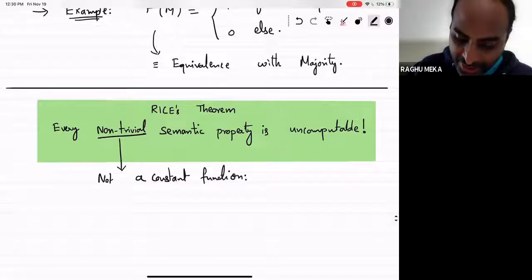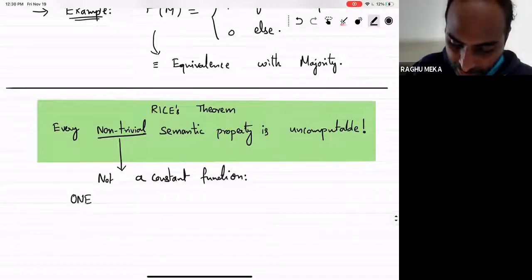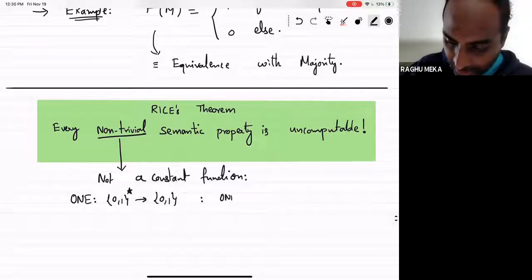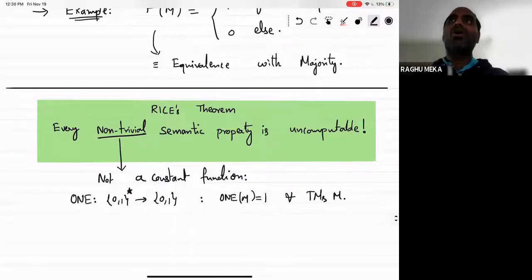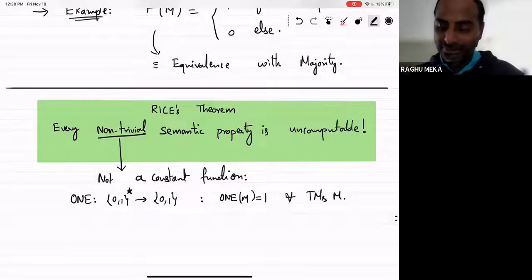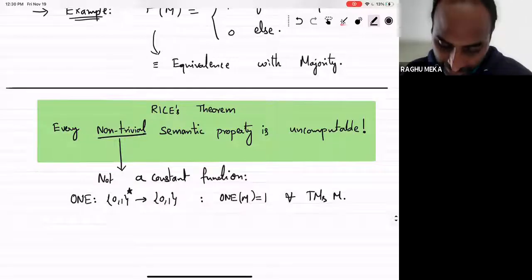Okay, so for instance, let's say I look at the function 1 from {0,1}* to {0,1}, defined as 1 of M equals 1 for all Turing machines M. This is semantic, kind of tautologically, because it outputs 1 on all Turing machines. So even for equivalent ones, it is equal, right?